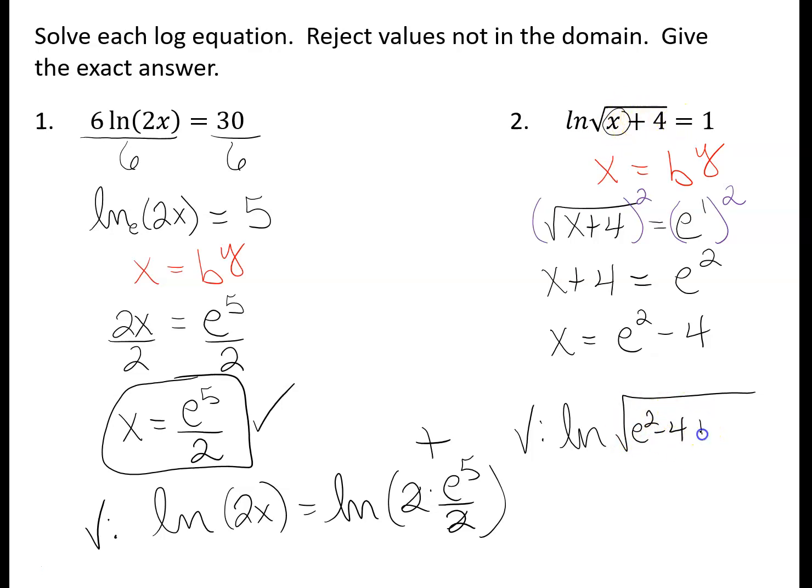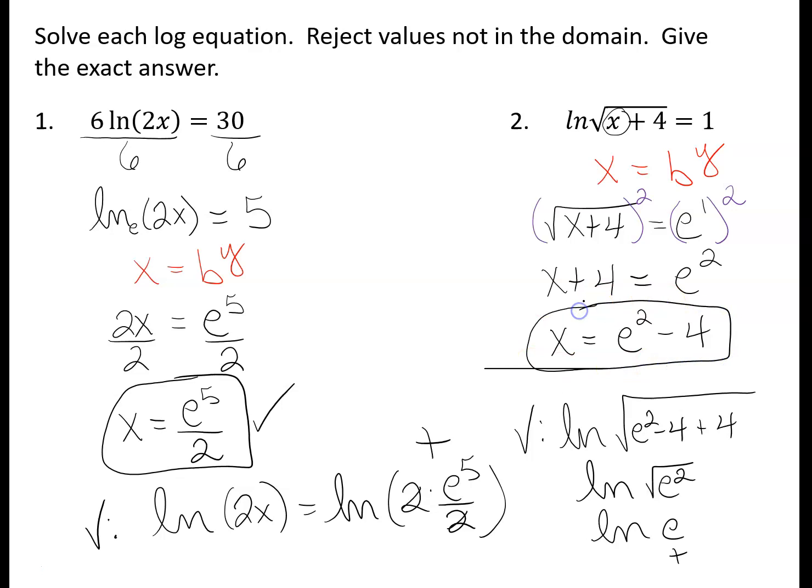Then I still have a plus 4 under the radical. So if I combine like terms, negative 4 plus 4 is 0, then I just have an e squared there. And if I square root e squared, I get e. E is a positive number, so then we're good, as long as that number's positive. So we're going to box this in and put a check mark.